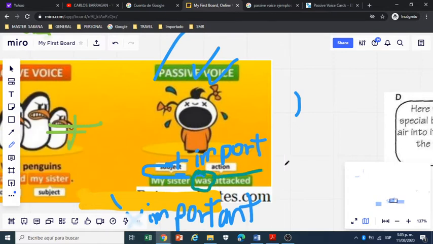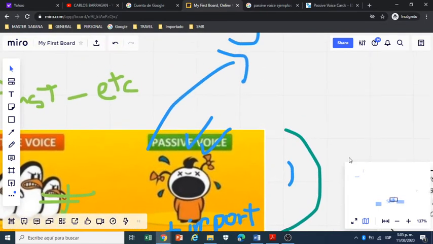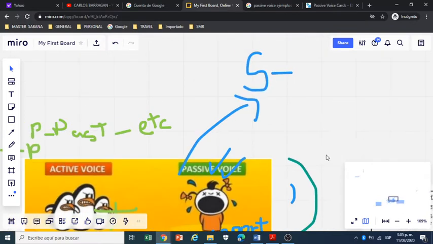The verb to be, okay, the verb to be could be in present, could be in past, etc.